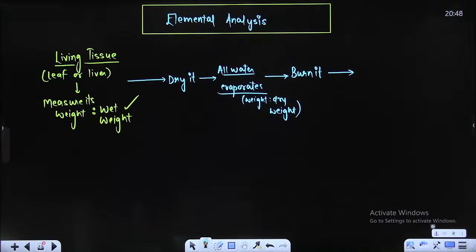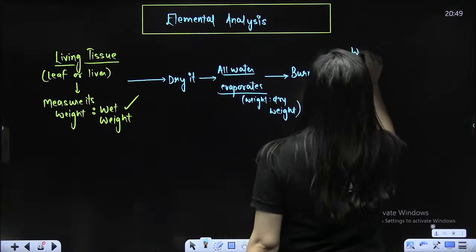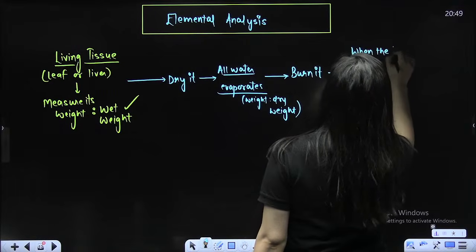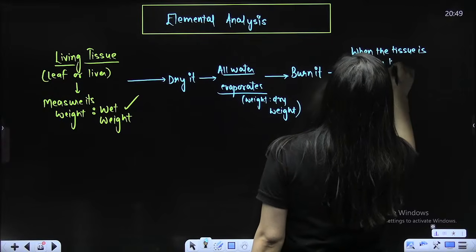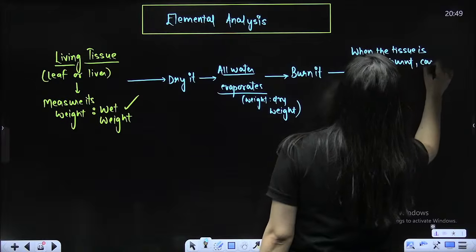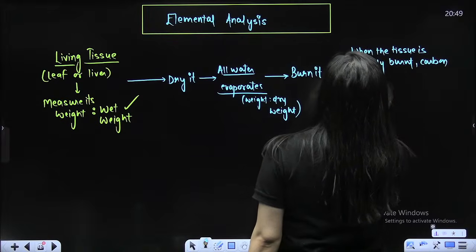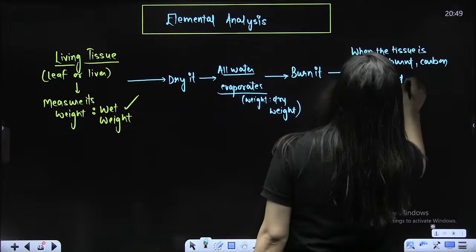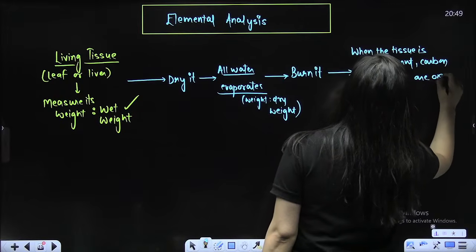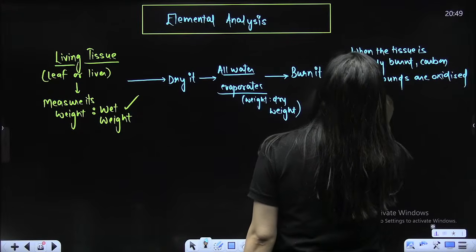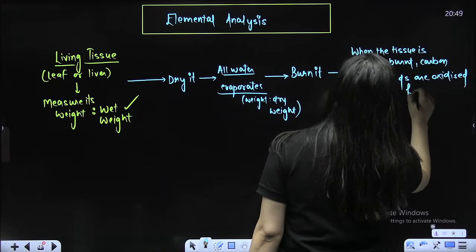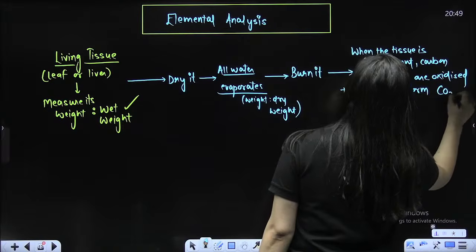So when the tissue is fully burnt, carbon compounds are oxidized to gaseous form. Right, beta?